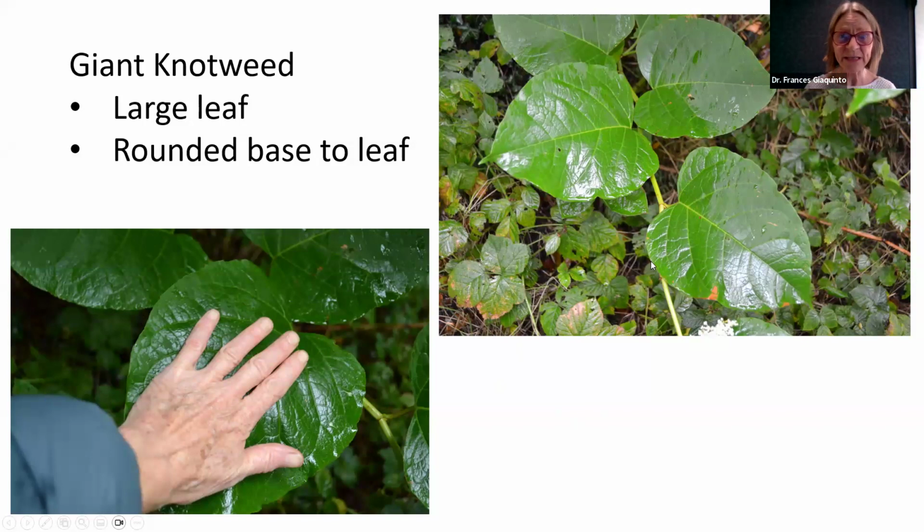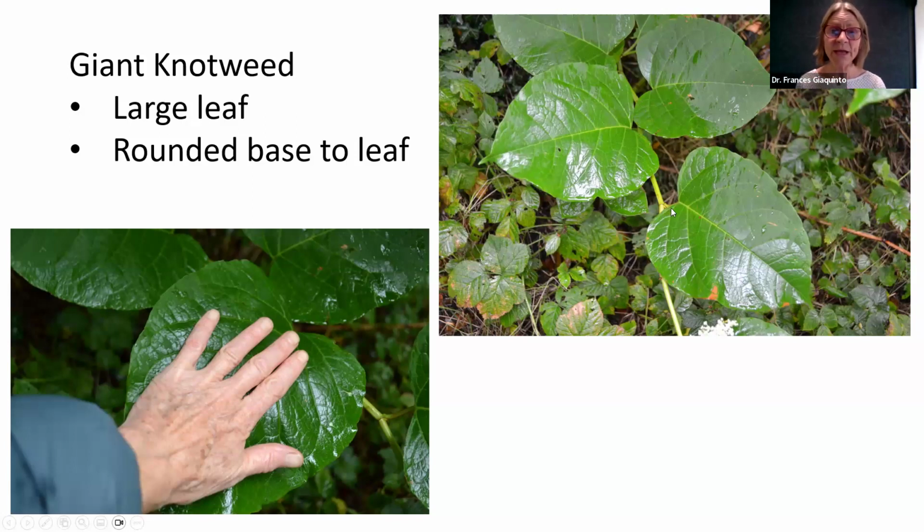This is one of the key features of giant knotweed compared to Japanese knotweed. Remember, Japanese knotweed always has that flat base. Giant knotweed will have a rounded base, but it has this tip. And you can just see these stems, which have these red nodes along their length.